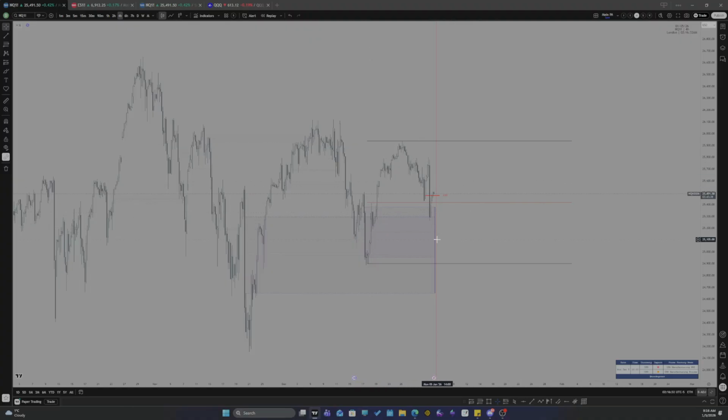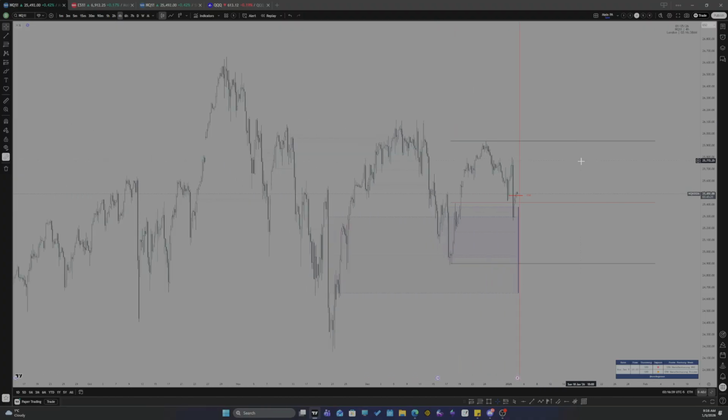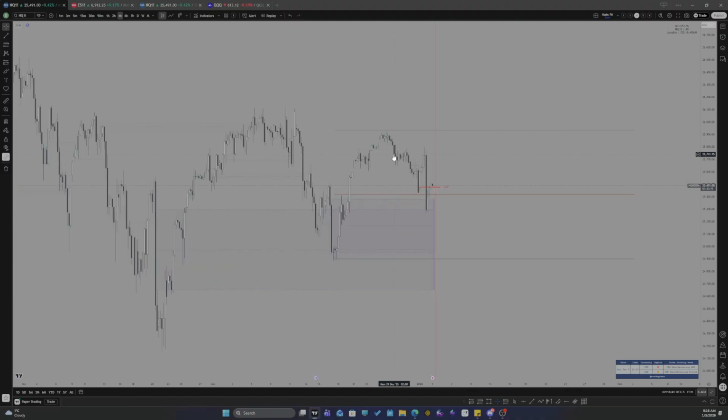In theory, from internal range liquidity, now we're going back to external range liquidity. And that being said, likely into this high here. So this would be a draw, maybe.